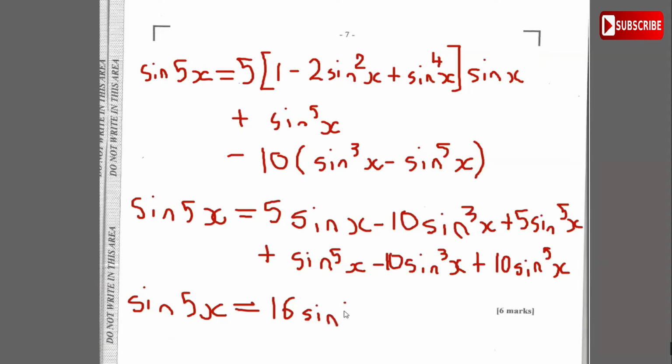And then you have minus 10 sine cube and minus 10 sine cube is minus 20 sine cube x. Then when you have plus, what's left? Just the 5 sine x.